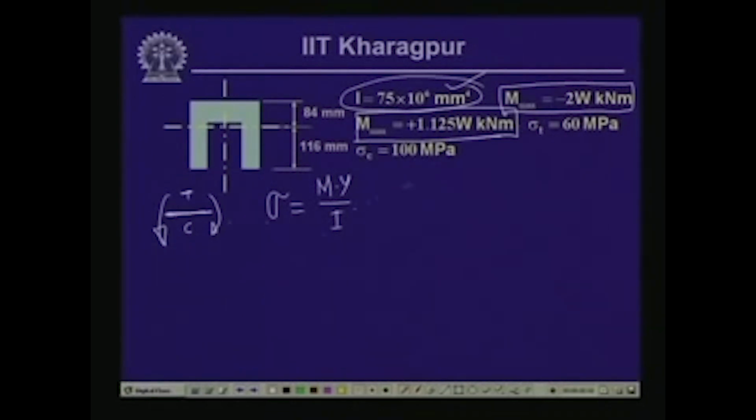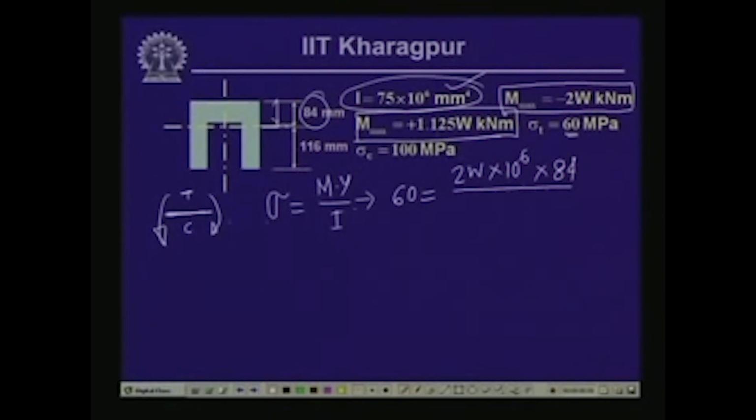The stress acting at the top for this negative moment is tension, and the allowable tensile stress is 60 MPa. Thereby, for the first case we have 60 equals M, which is twice W kilonewton meter times 10 to the power 6 Newton millimeter, multiplied by y, where y is the distance of the top from the neutral axis, which is 84 millimeter, because the maximum tensile stress will occur at the top fiber.